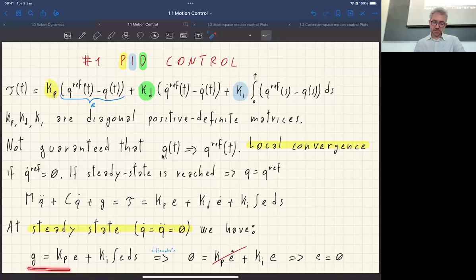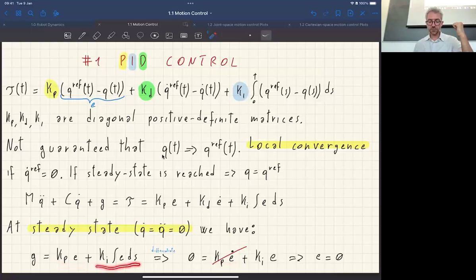So my closed loop dynamics simplify to just these three terms. And now what I can do is take the time derivative of both sides. So if these two sides are equal, then also their derivatives with respect to time must be equal. But since I'm at steady state, nothing is moving. So the time derivative of g is going to be 0 because it's constant. Also, the time derivative of the error must be 0 because q dot is 0. So also this term here is 0.